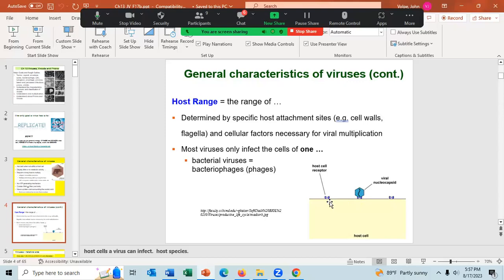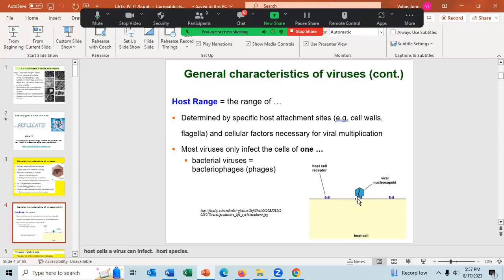There can be a molecule in the cell wall. If the cell doesn't have a cell wall, it would be a molecule in the cell membrane. If the virus were to bind to the flagella, it could be a molecule in the flagella. Whatever the virus binds to, we call it a receptor.